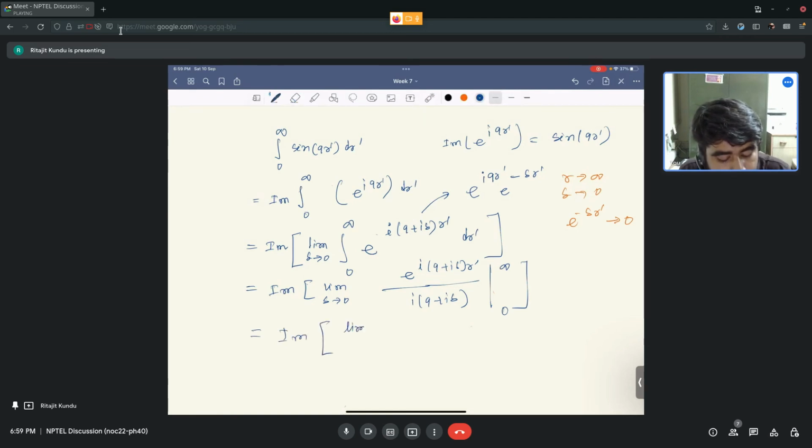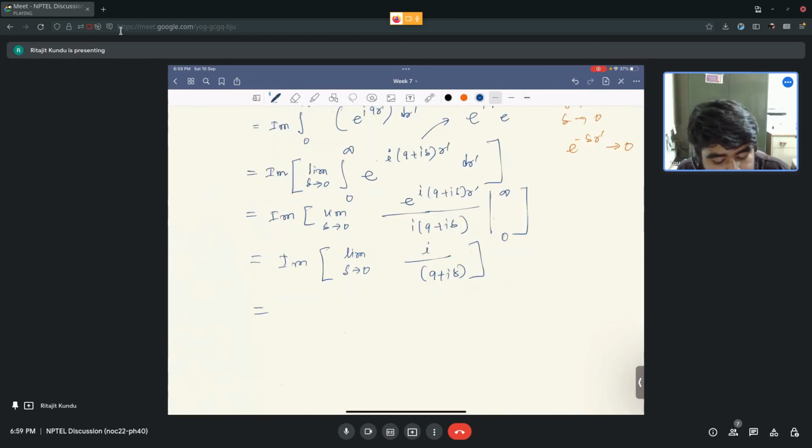Limit delta tends to 0, and then there will be minus coming from the second term, and i q plus i delta. Okay, so I can actually send that i upstairs to cancel this minus. So now let's take the limit of delta tending to 0. So now it becomes i by q, right?